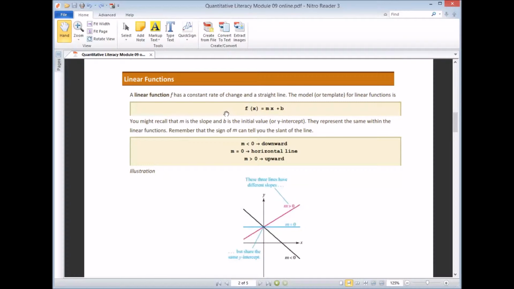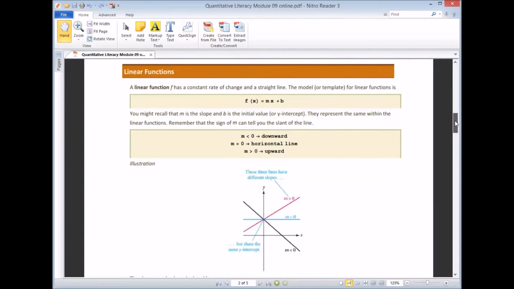Another feature of a linear function is that it has a constant rate of change, which is the slope, in this case m. So if you see a constant rate of change, or if you graph it and you have a straight line, then you're dealing with a linear function. The slope can tell you a couple of different things.